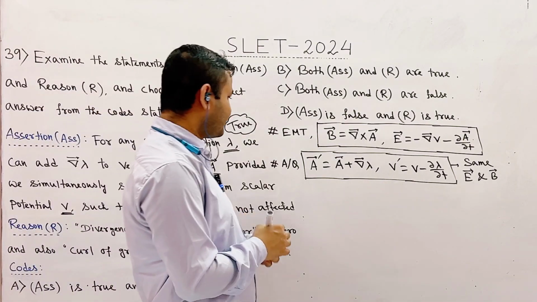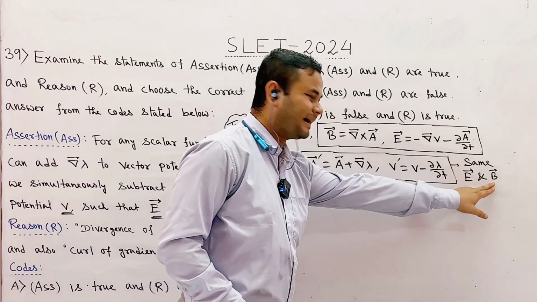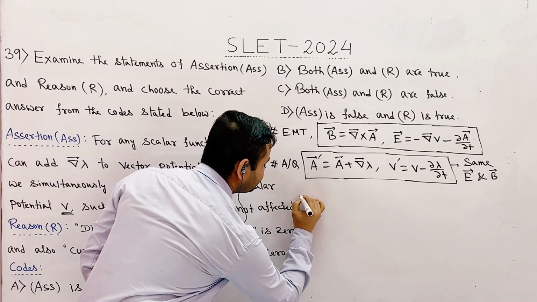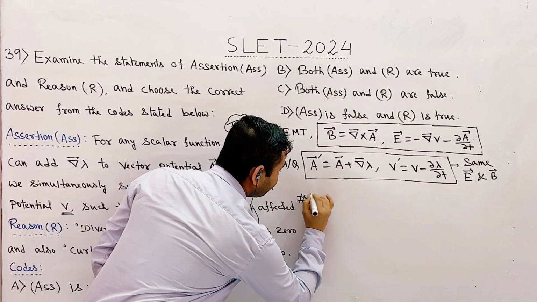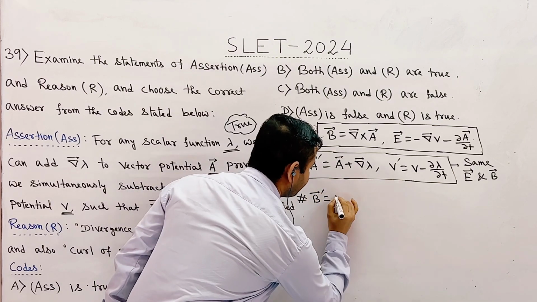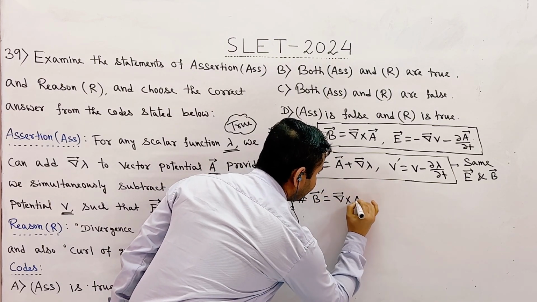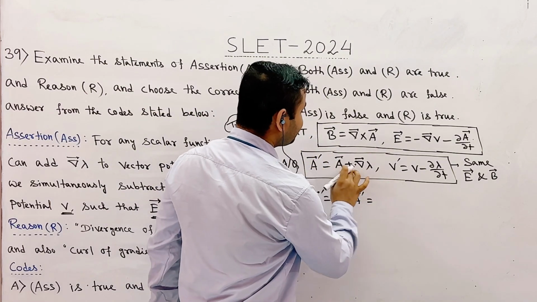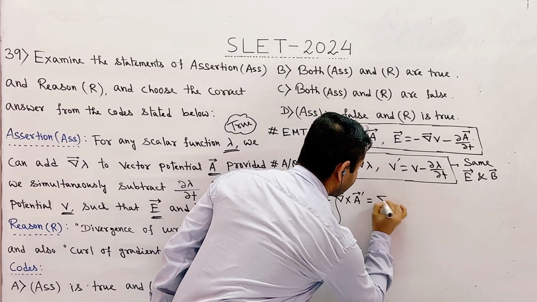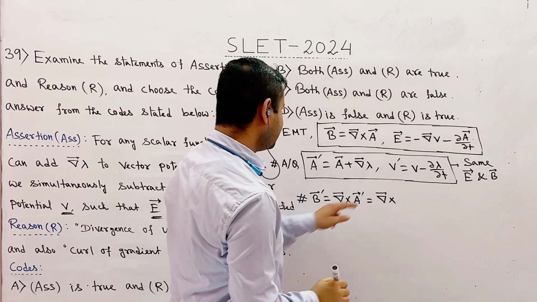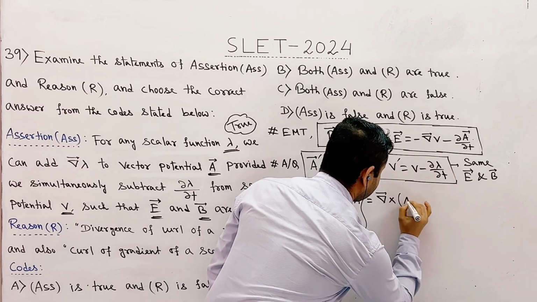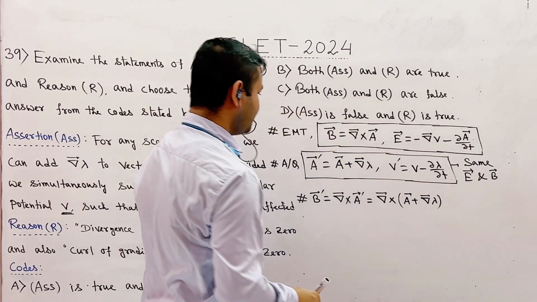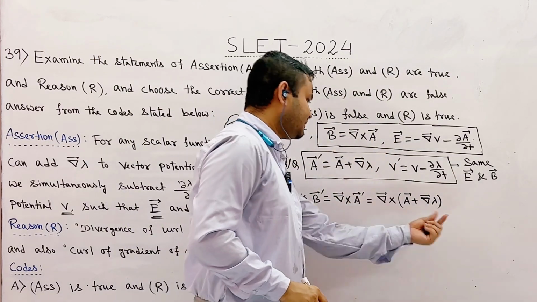Now let us calculate the value of magnetic field due to vector potential A prime. Okay? So B prime will be curl of A prime. We know that A prime is A plus gradient of lambda. So let us substitute this term here, A plus gradient of lambda. Next, let us simplify this term.